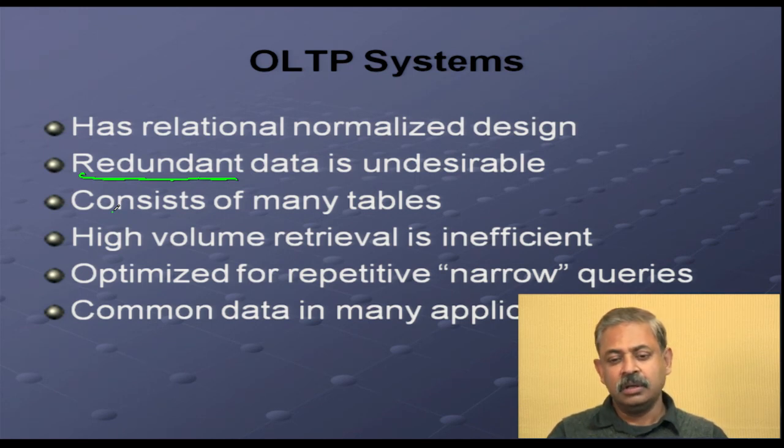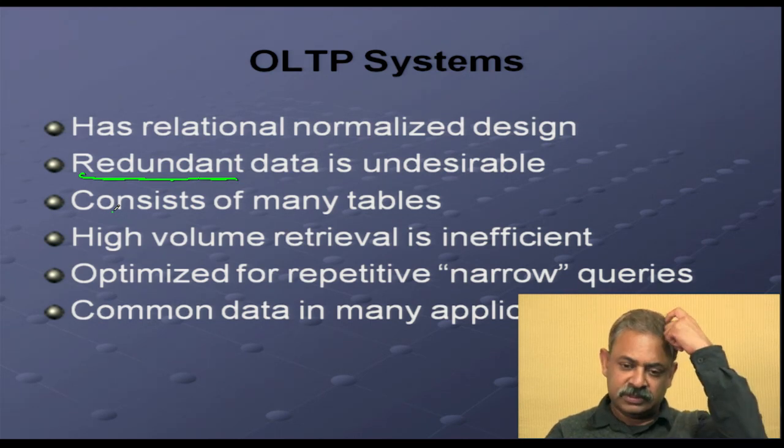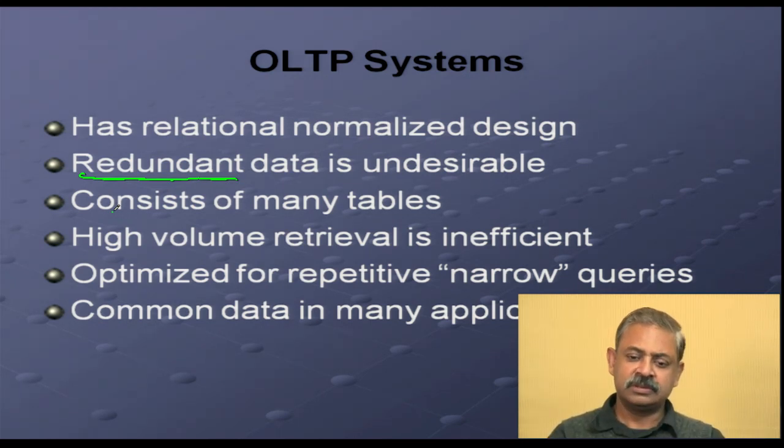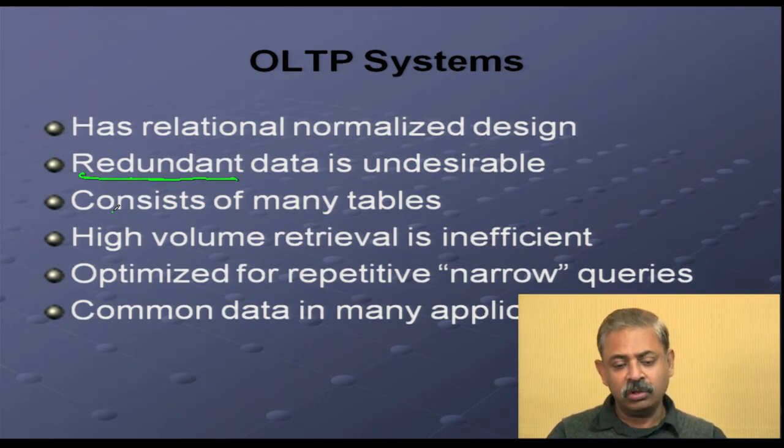On the other hand, there will be a student welfare division, which is there in almost all universities, and this would also have student details. Similarly, there will be a timetable division, which will also need data about students. So the student data is there in many applications. That is a typical scenario.